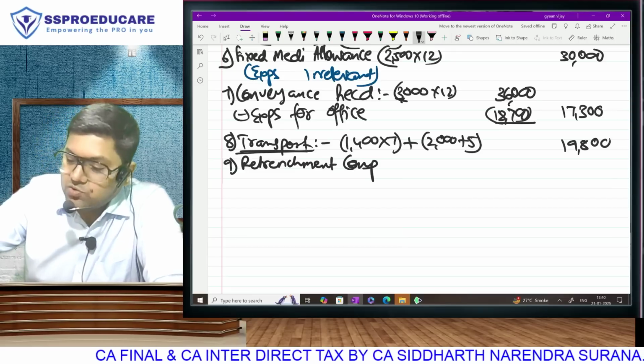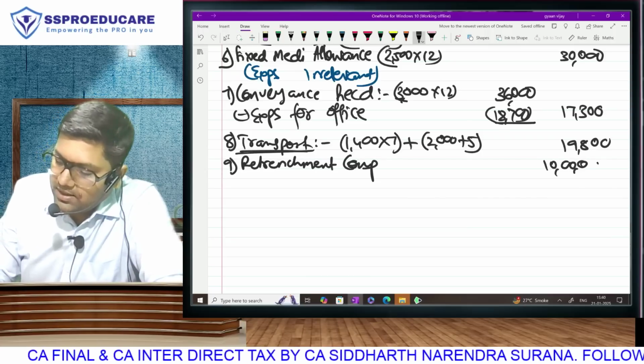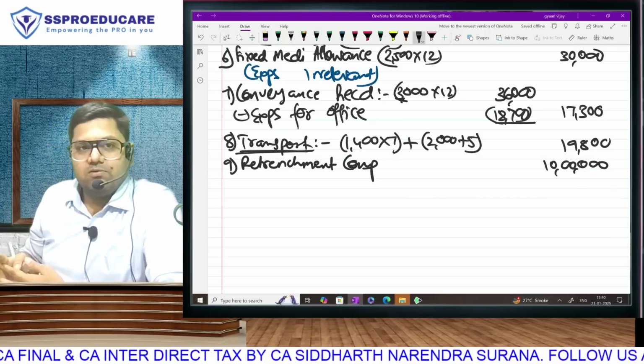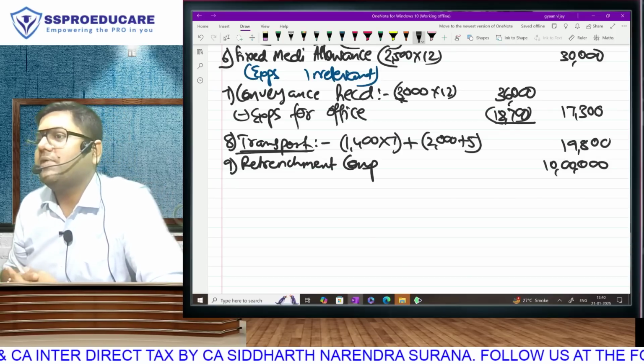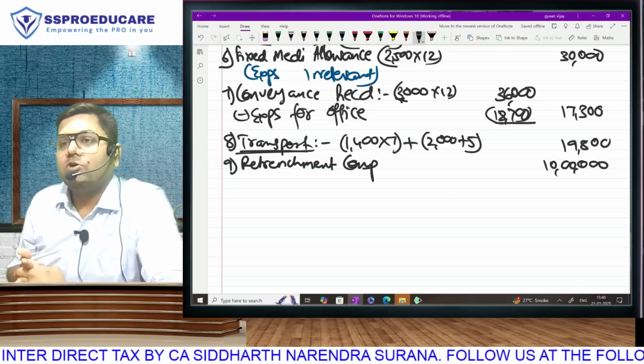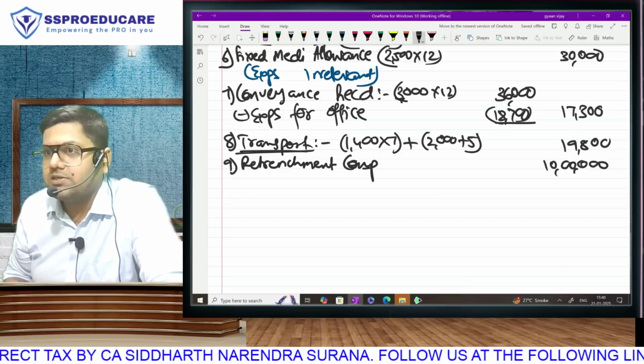And because there is no detail, we will have to write 10 lakh is taxable. Look, there is another opinion to this. Some students argue, sir, if there is no data given, at least take the maximum notified as exempt. But what you are not understanding is, you don't know whether in the past also he has already taken some exemption.